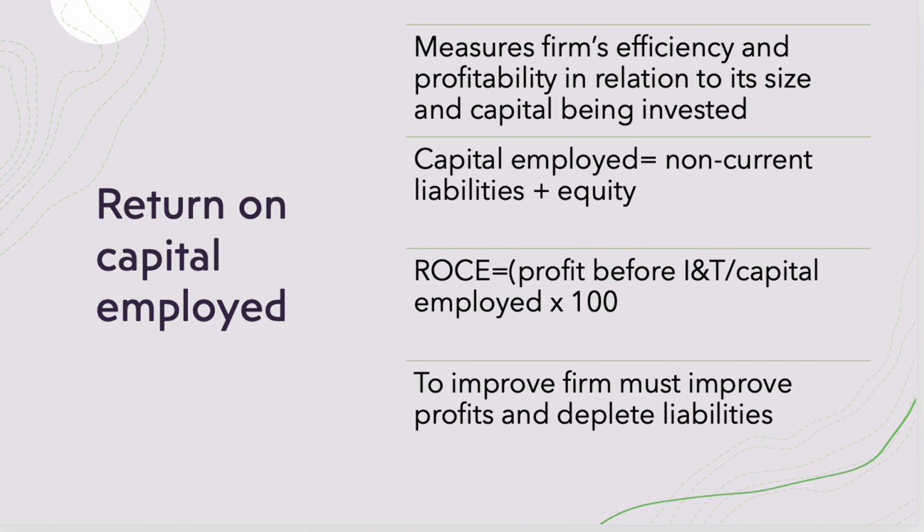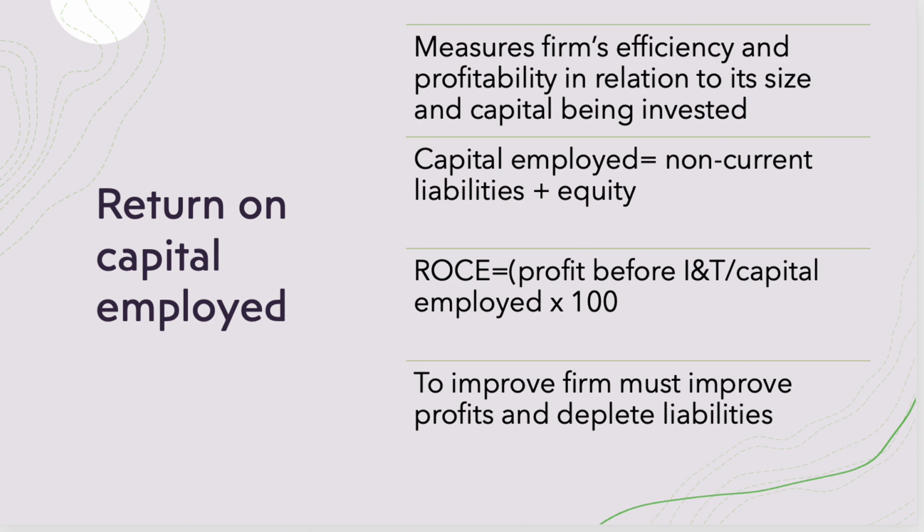After that, we have return on capital employed. This measures a firm's efficiency and profitability in relation to its size or the amount of money being employed in the business. Capital employed is the funds used to run the business itself. This is non-current liabilities plus share capital plus retained earnings.